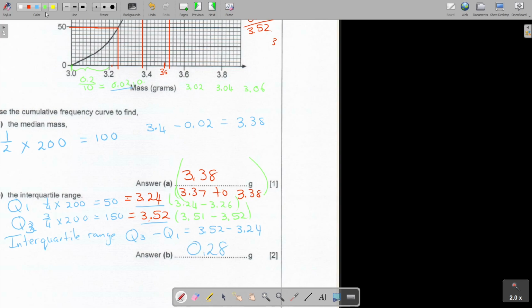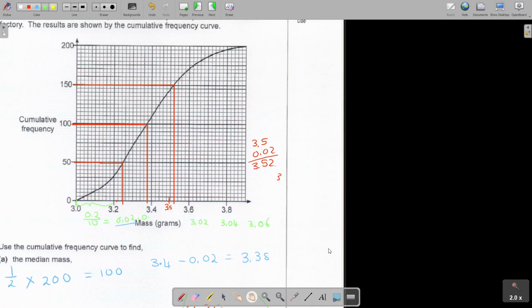But they accept if yours was 0.25, it's actually a lot, to 0.29. They accept anything between that. But that was my answer. Not very difficult. Okay, very basic, especially if they give you the graph. Just make sure with your ruler and sharp pencil that you read down the values correctly.